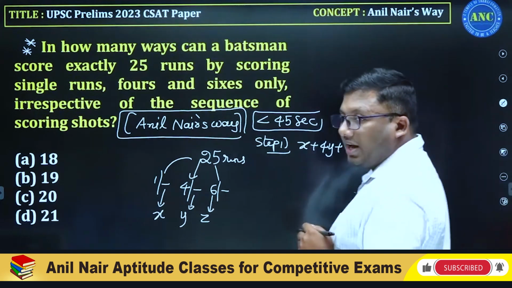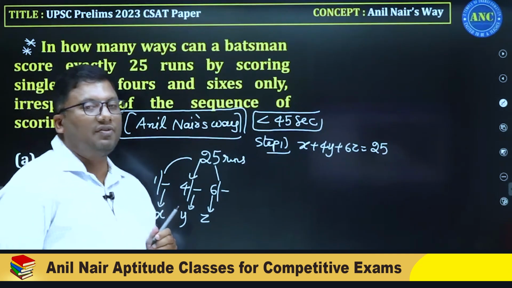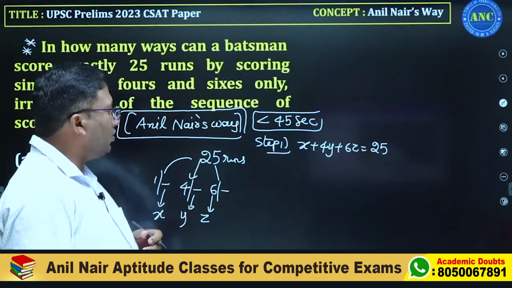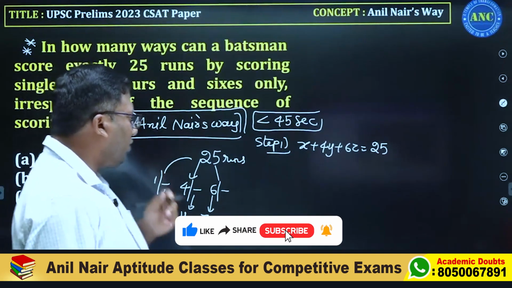X is the number of 1 runs, Y the number of 4 runs, Z the number of 6 runs.